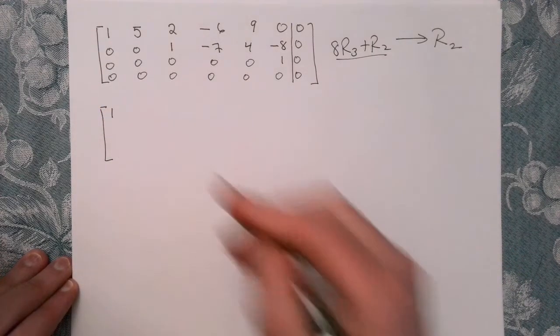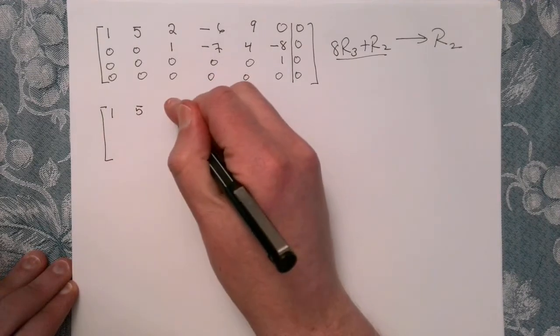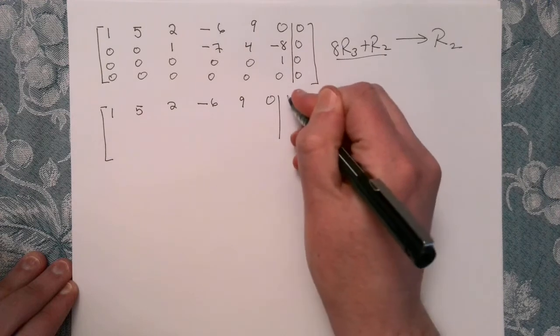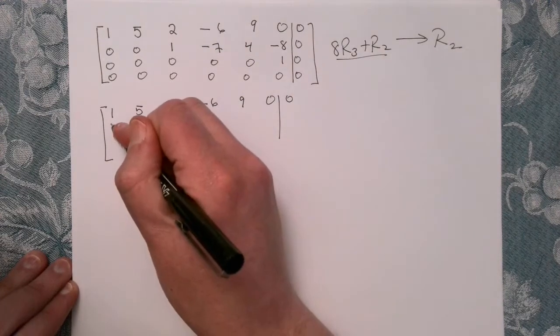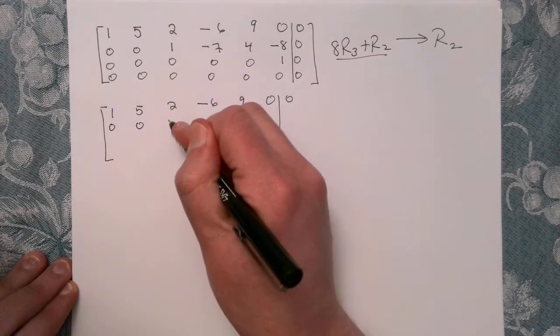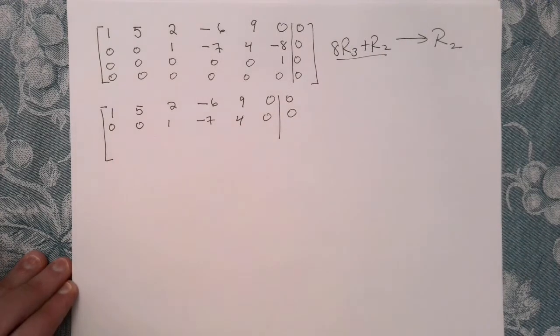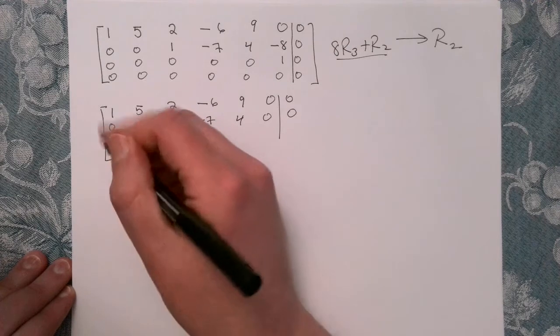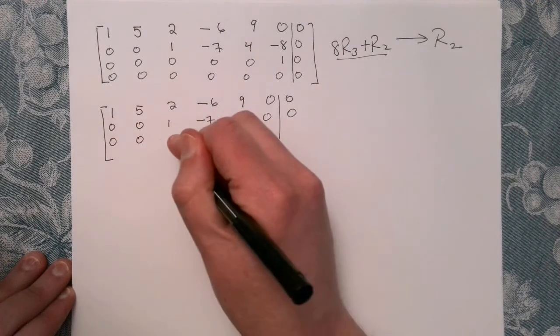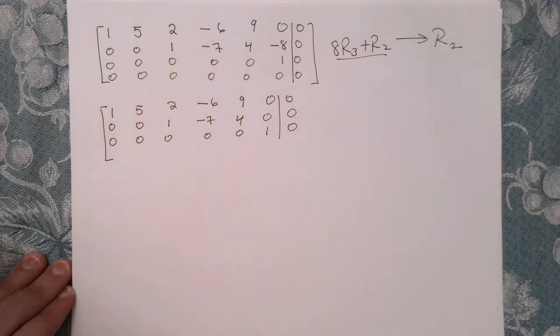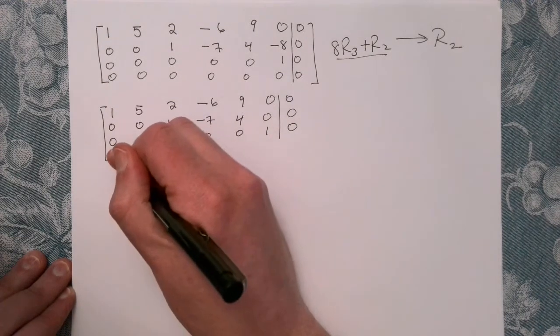Row 1 is the same. And then row 2, I've got, looks like 0, 0, 1, minus 7, 4, 0. And then row 3 stays the same. So that's 0, 0, 0, 0, 0, 1. And then row 4 is all zeros.